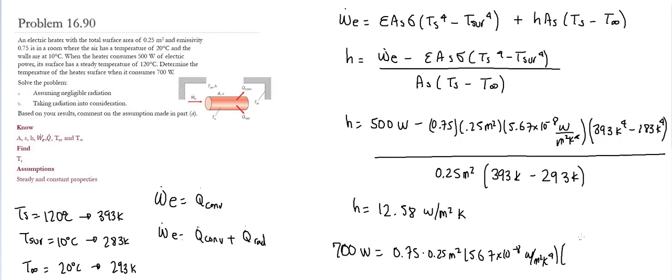And this is where you start adding your unknowns. What we have is surface temperature to the fourth, and then we have 283 Kelvin to the fourth.